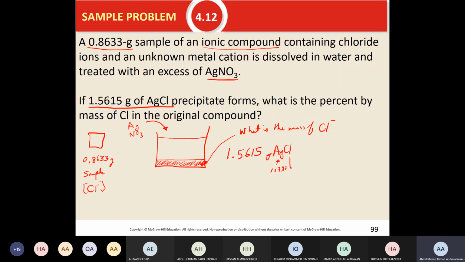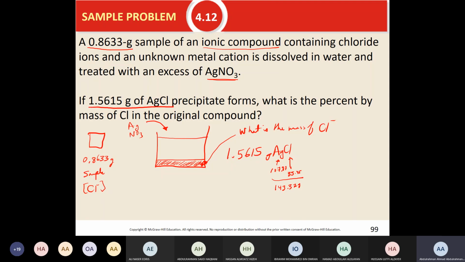What's the mass of chlorine? 35.453. Add them: 143.32 gram per mole.